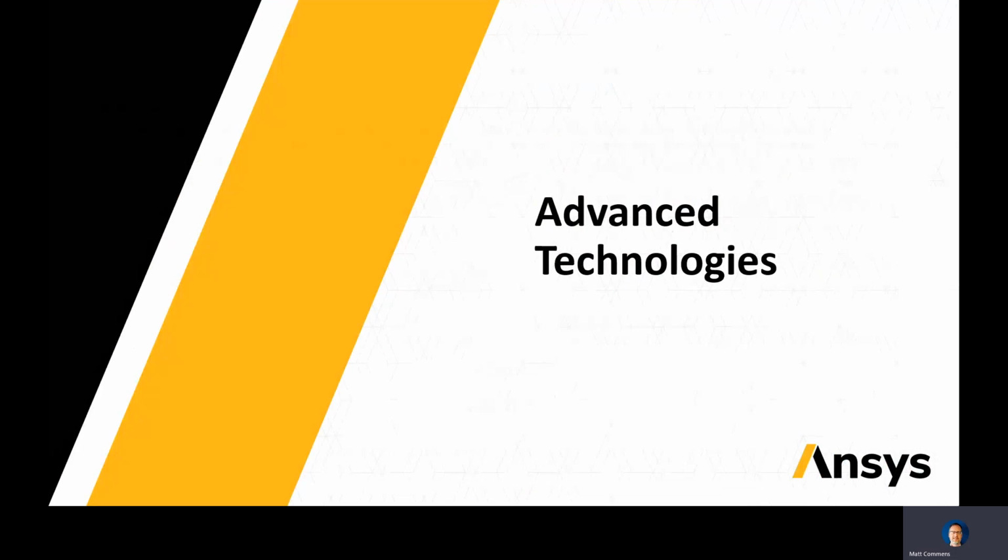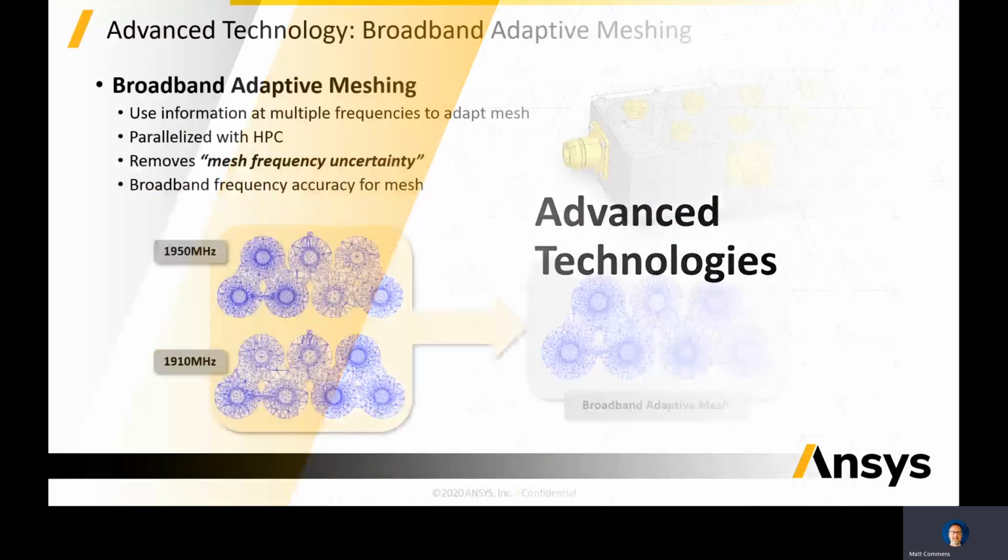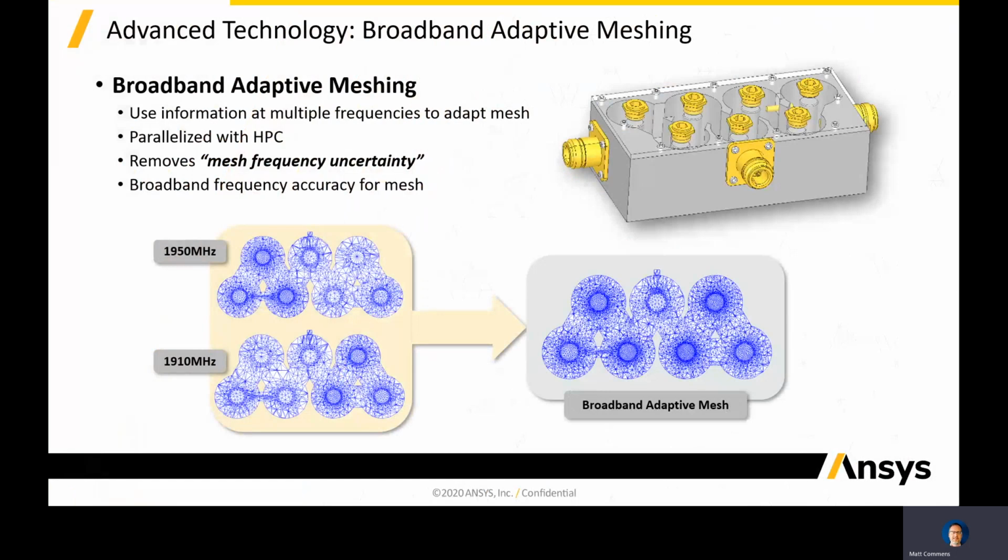Now, before I conclude, I want to talk about a few more advanced technologies with HFSS, starting with broadband adaptive meshing. Now, certain designs, depending on what frequency you're setting at, you're going to get a very, very different adaptive mesh. A very classic example is a diplexer like this here, where one region of the diplexer operates in one frequency band versus another region of the diplexer. And if we did just a single frequency mesh adapt, we're going to get the wrong mesh in certain regions of the design.